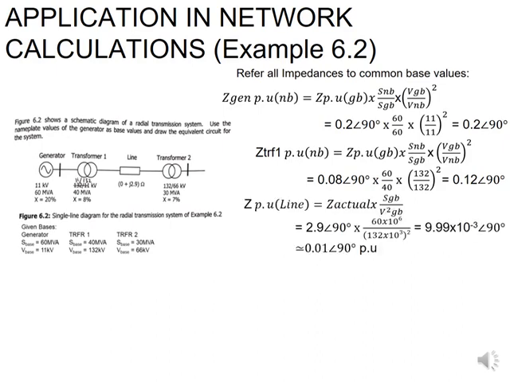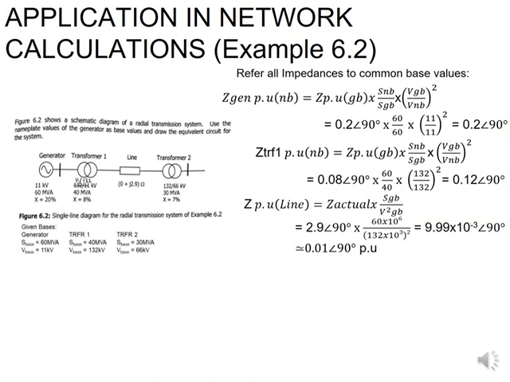Then we go and we have our line. The formula for doing the line is going to be Z actual, which is the 0 plus j2.9, and I multiply that by my S given base over my voltage squared given base. So therefore, I am going to have the 2.9 at an angle of 90.